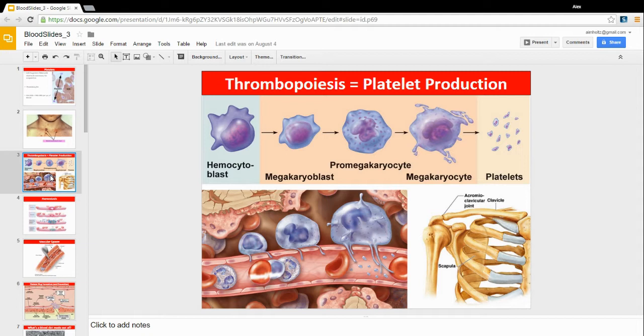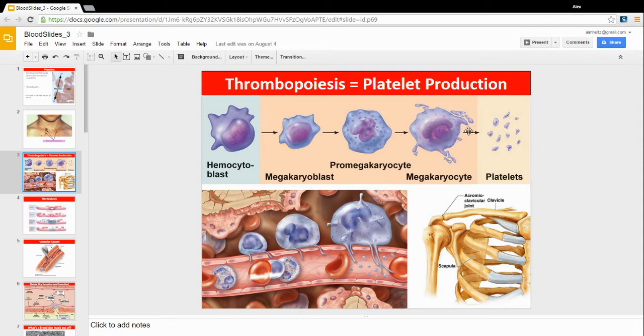Okay, so the production of platelets occurs, of course, in the red bone marrow, which we already know we got in the axial skeleton, in the girdles, in the proximal epiphyses of the humerus and the femurs. So it starts with the hemocytoblast, of course. All blood cell production starts with the hemocytoblast. It goes through a variety of stages. We end up with this really big cell called a megakaryocyte. We see one right there.